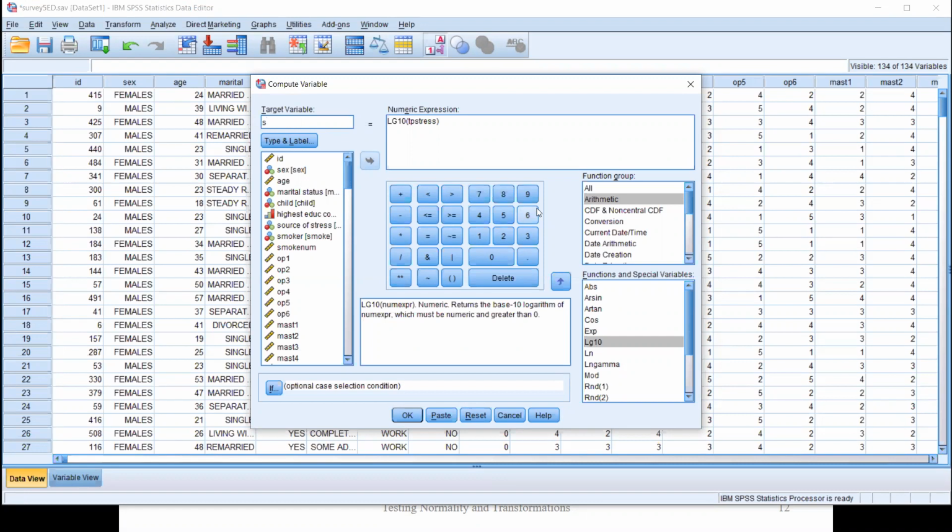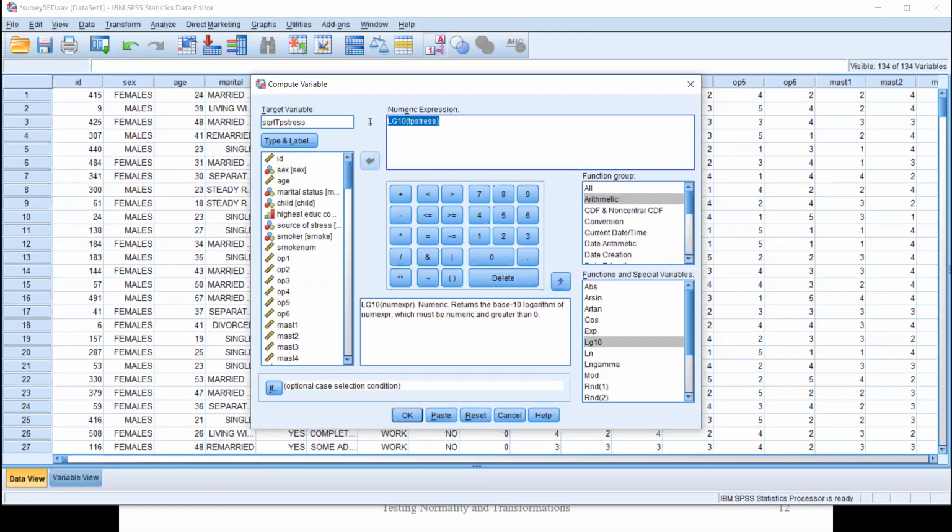Firstly, I am trying the square root transformation, sqrt of tpstress. This is the name of the new variable. The sqrt indicates that this is the square root of the stress data.